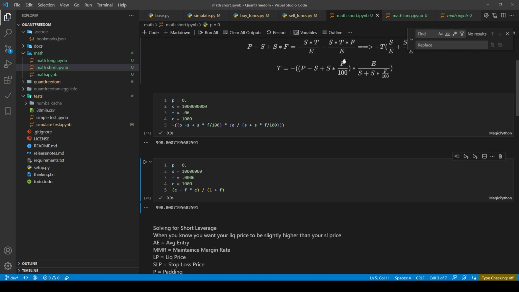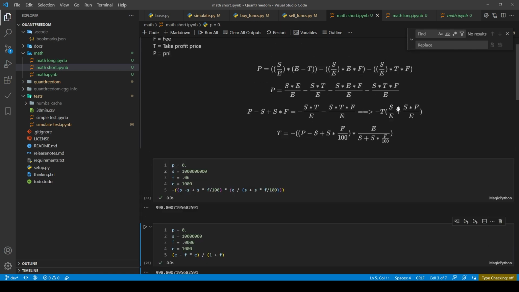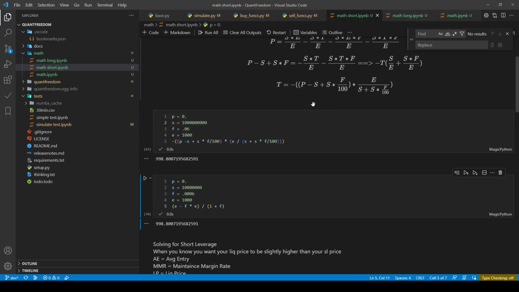There's nowhere in here that you get a 1. Because here, if you made this a 0, you'd have E, you'd have negative SE plus SFE over S plus SF.